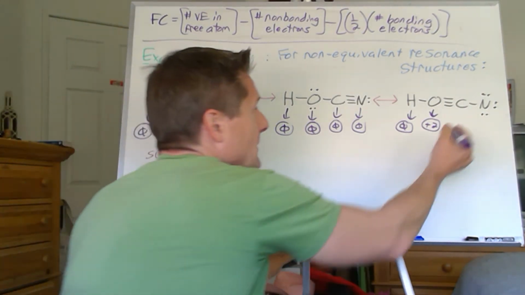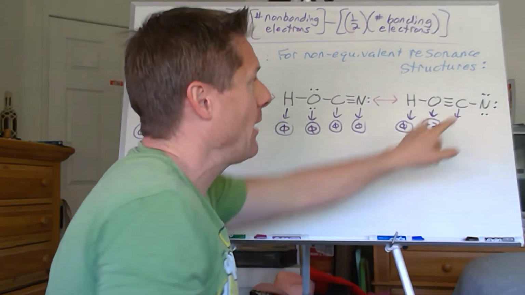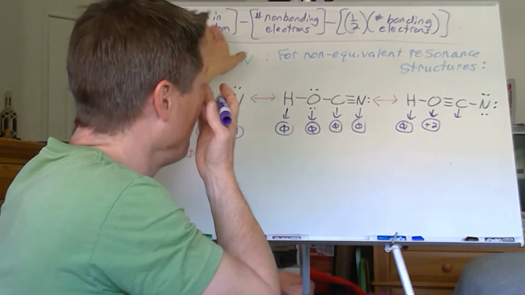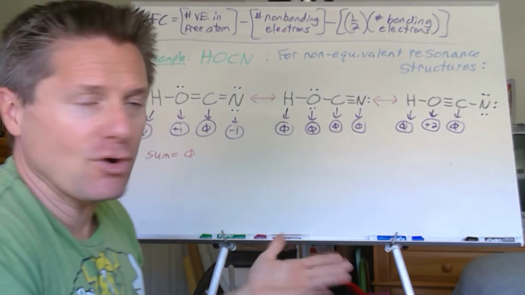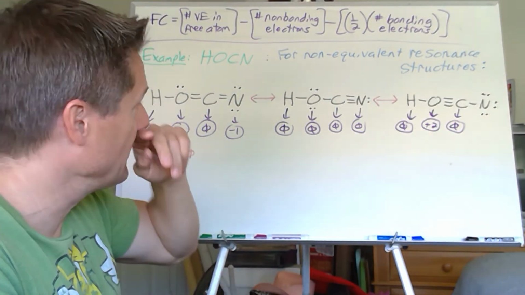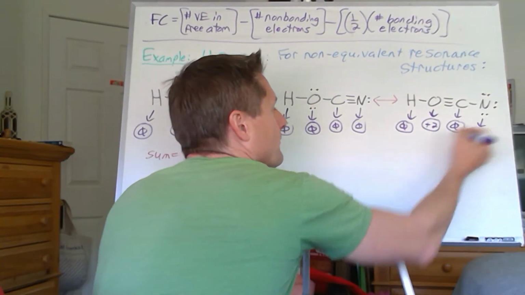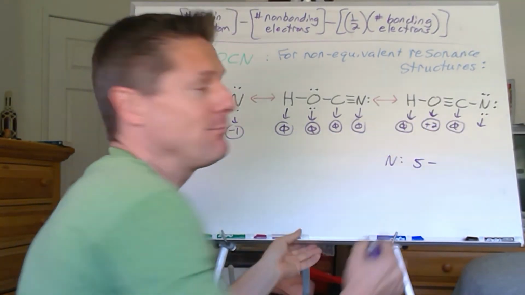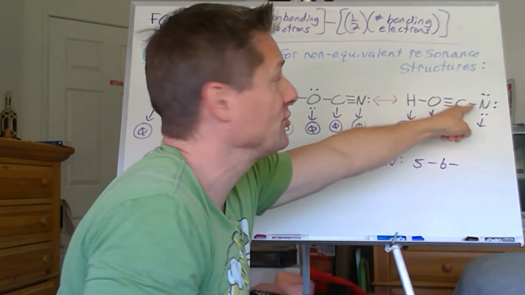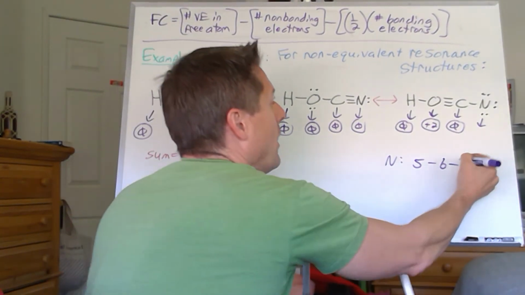Okay. This carbon, you see how it's got 4 covalent bonds? So 4 minus 0 minus half of 8. That would be 0. So carbon's happy in every single situation here. Let's do the nitrogen. 5 minus, now there's 6 non-bonding electrons. And there's 2 bonding ones. So what's half of 2? It's 1.